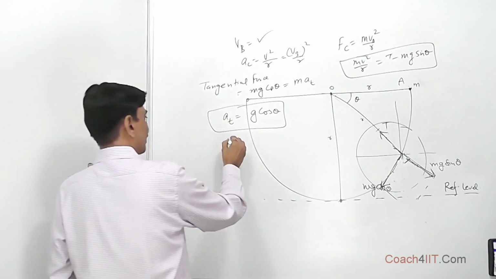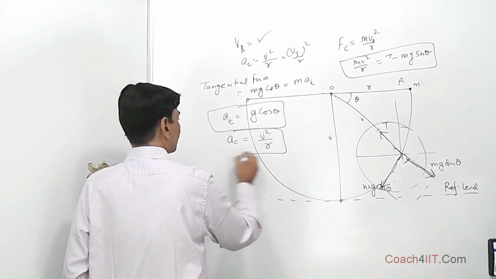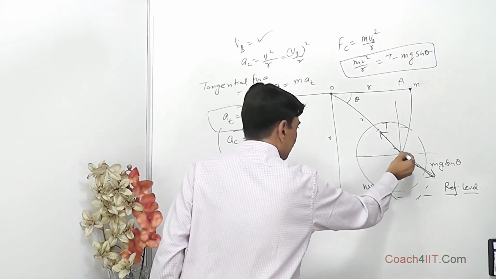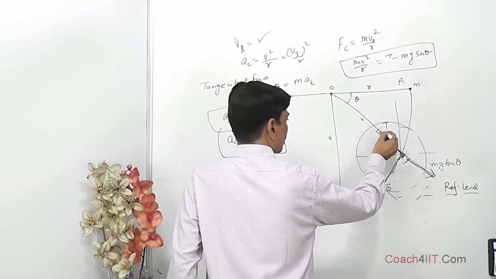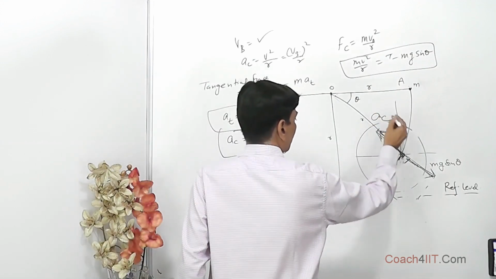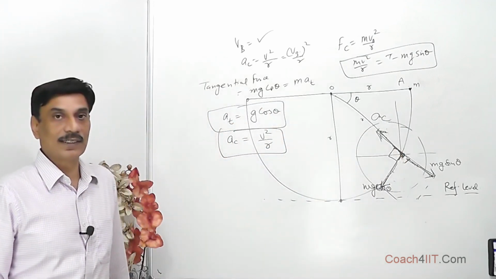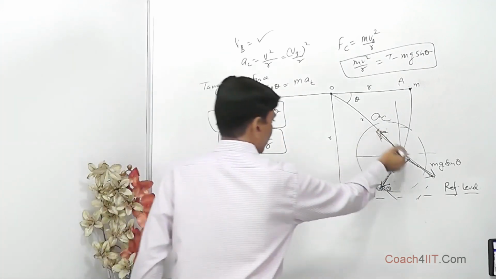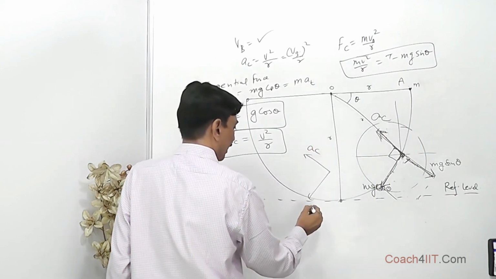And what is the centripetal acceleration towards center? It is v square upon r. At this instant, this body has two accelerations. One is AC, the centripetal acceleration, the other is AT, and the angle between the two is 90 degrees. If we redraw this, one is AC towards center and the other is AT.